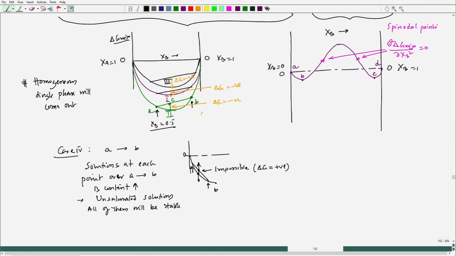Okay. Why? Because beyond B, if we go beyond B or beyond C towards the left side and beyond B towards the right side, a peculiarity would arise.